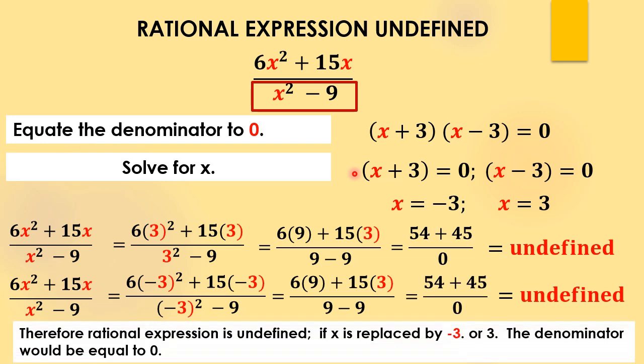Therefore, the rational expression is undefined if the value of x is -3 or +3. The denominator of our expression would be equal to 0. Alright, so let's proceed.